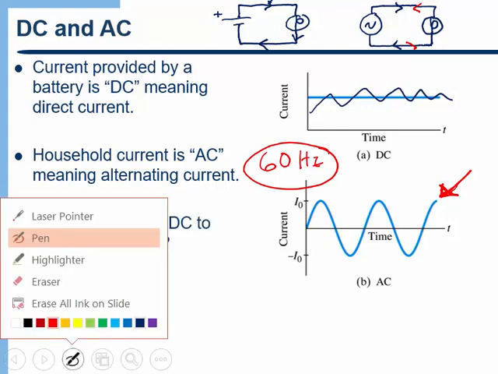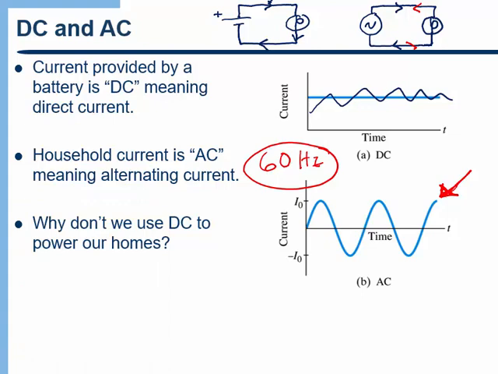So the next question is, why is it that we don't use DC to power our homes? Why is it that we use AC voltage in our homes and businesses instead of DC? You'll notice that things like cell phones and laptops use DC because they just use batteries. Batteries are always DC.